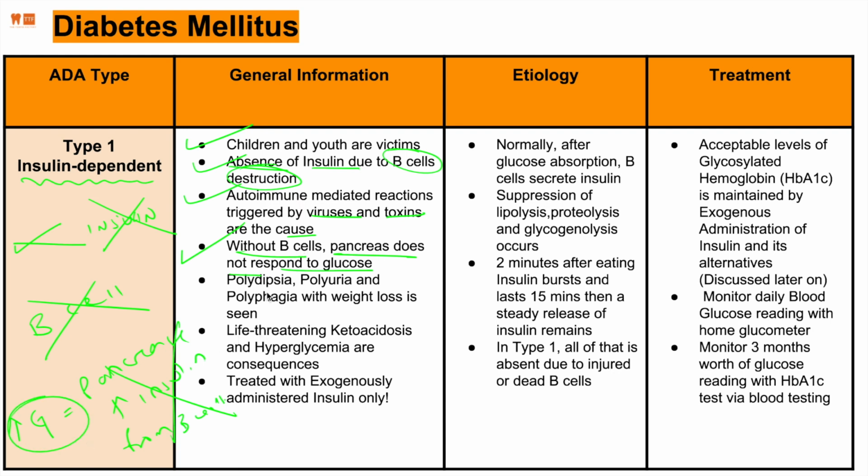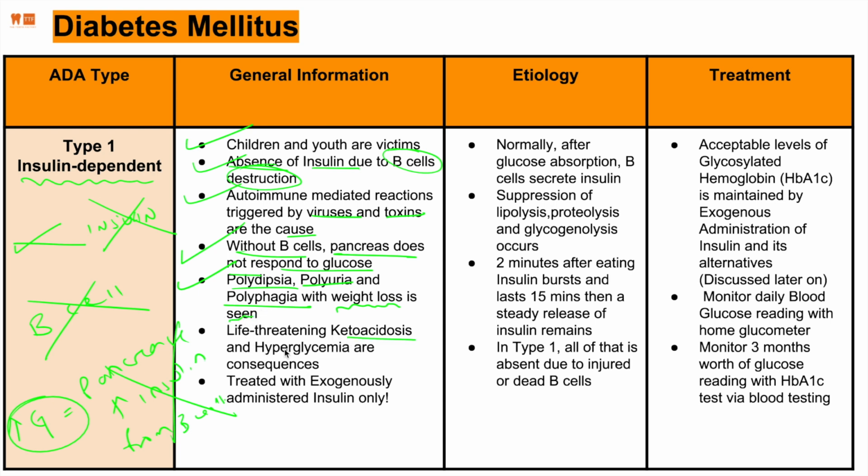And there are very peculiar symptoms: polydipsia, polyuria, polyphagia. These are basically a high amount of thirst, urination, and hunger. These are the hallmarks of these consequences. And then weight loss is seen in these patients.